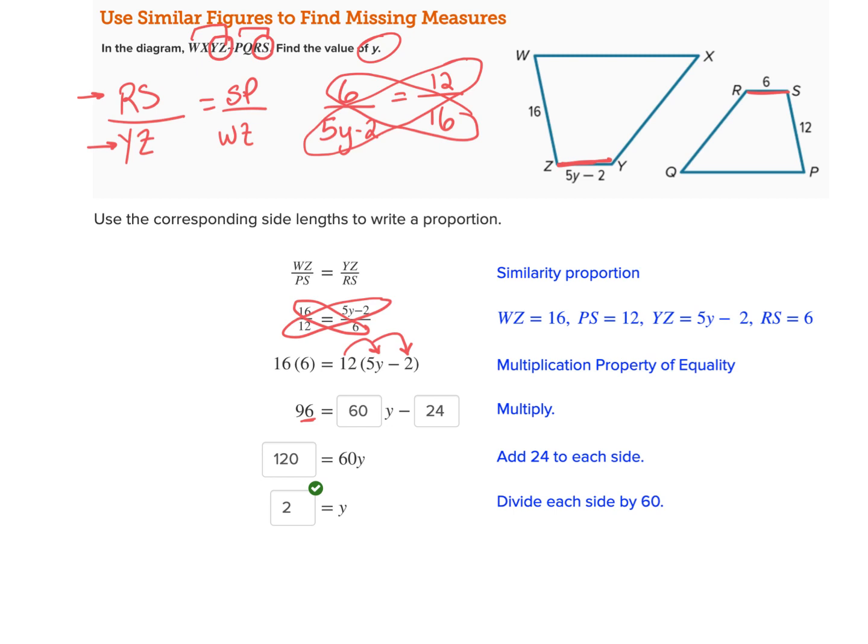Now, to get 60y by itself, I need to add 24 to both sides, which does give me 120. And then my last step to solve for y is to divide by 60. So when solving for a missing side length, we need to set up this proportion, match up our corresponding sides, and then to solve, we need to cross multiply.